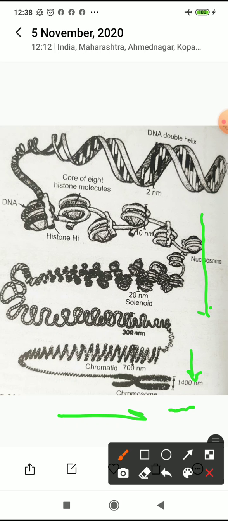The chromatin fiber is then arranged in loop domains, each approximately 120 kb long. These chromatin loops form rosettes. Each rosette is termed a multi-loop subcomponent, and it comprises 6 loops.